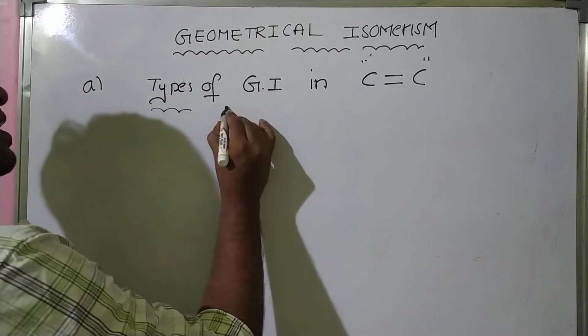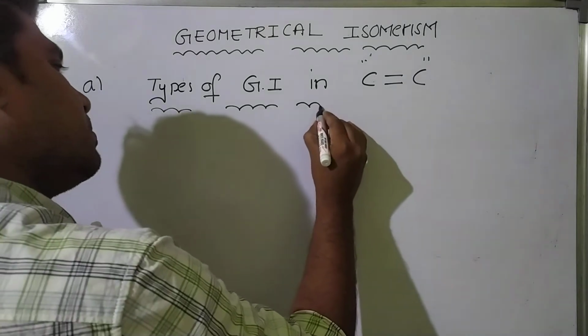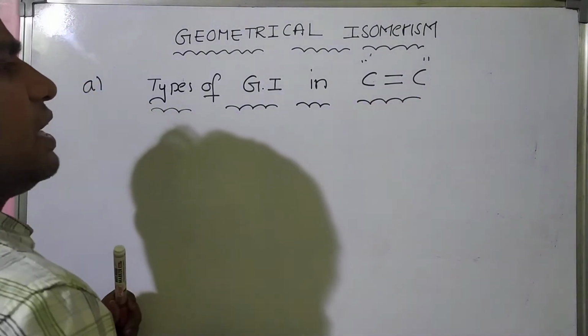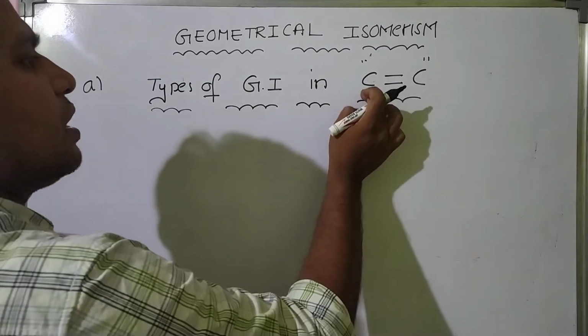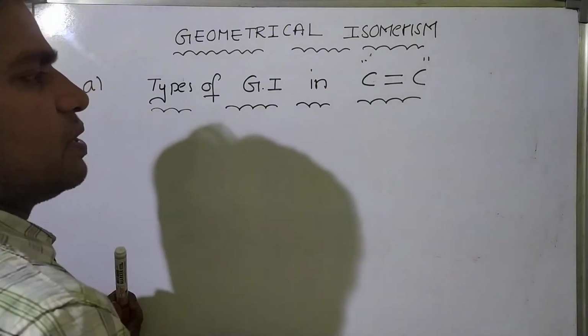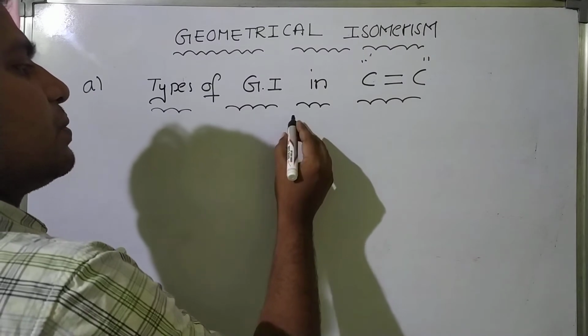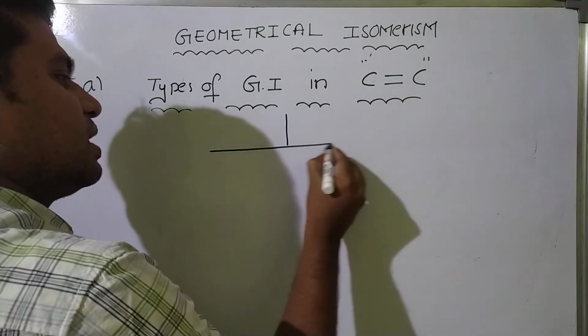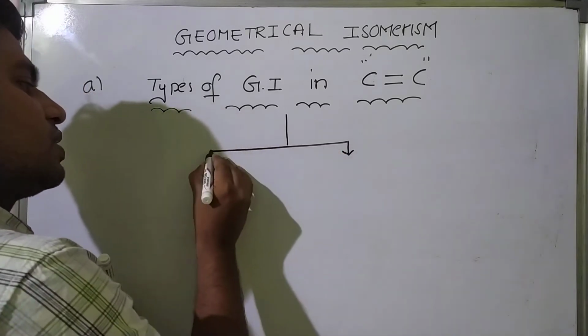Broadly, carbon-carbon double bond will give two different types of geometrical isomerism.